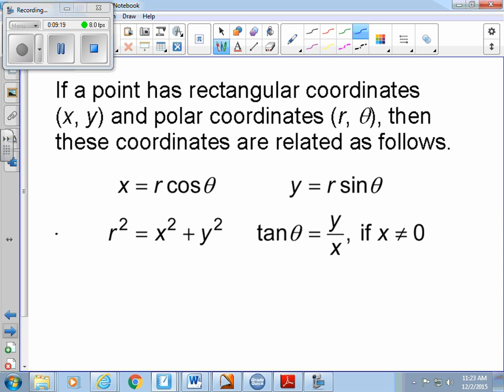It's good. These four equations will take you from rectangular coordinates to polar coordinates, or from polar coordinates back to rectangular coordinates.